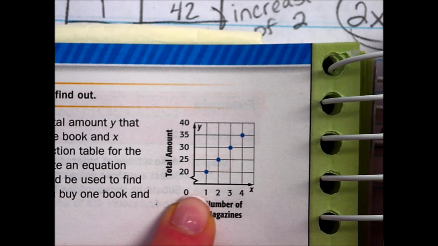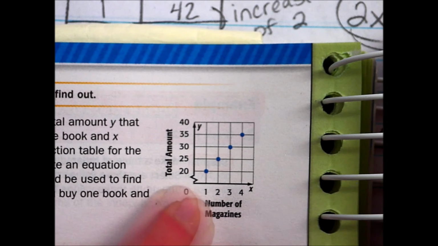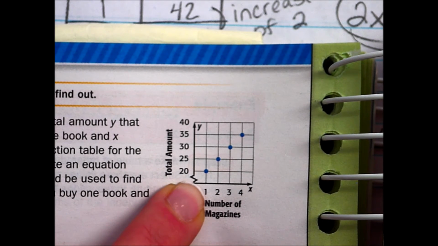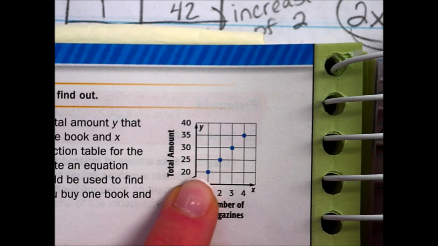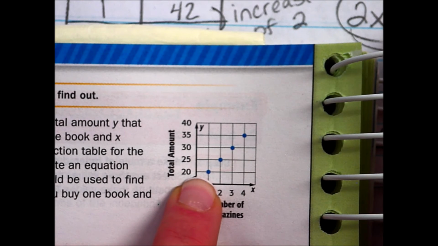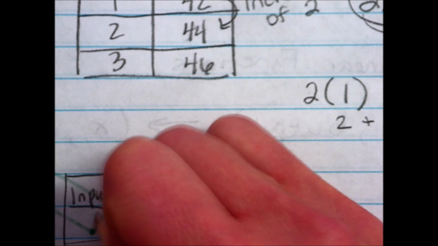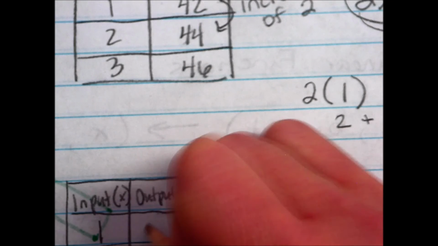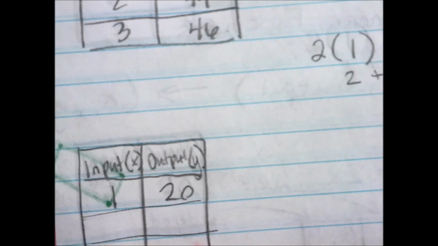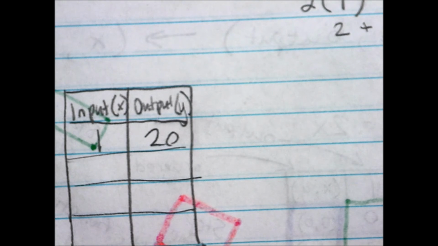So for our first ordered pair, the X will be 1 and the Y will be 20. So we're going to fill that in here. X is 1, Y is 20.